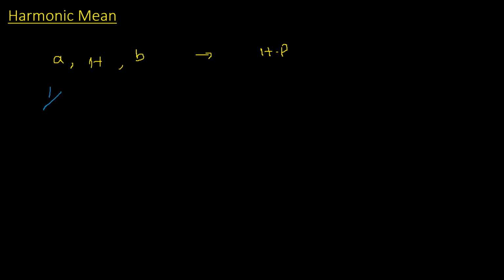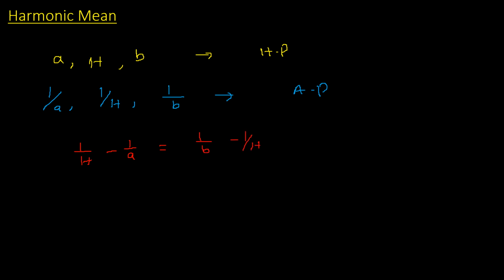Then 1/a, 1/H, and 1/b will be in what? That will be in AP. So if they are in AP, then their common difference must be equal. So by equating the common differences, we get 1/H minus 1/a equals 1/b minus 1/H.